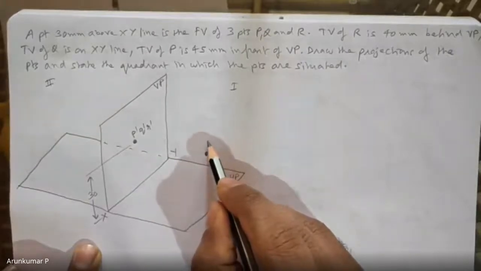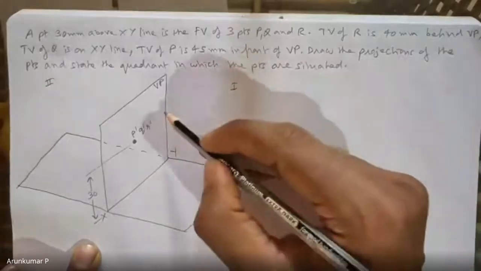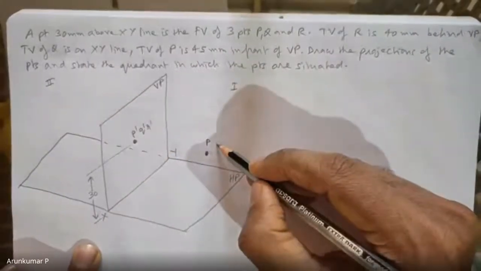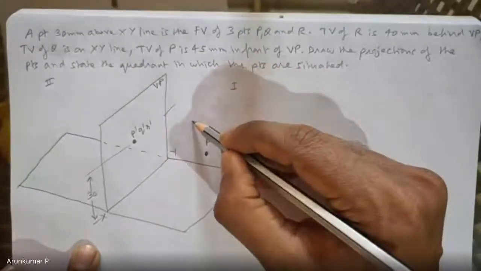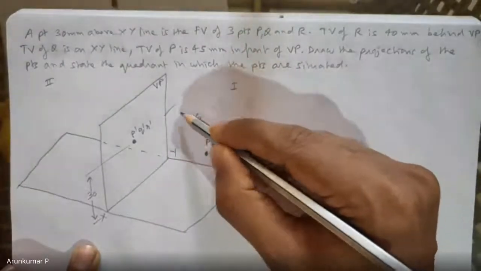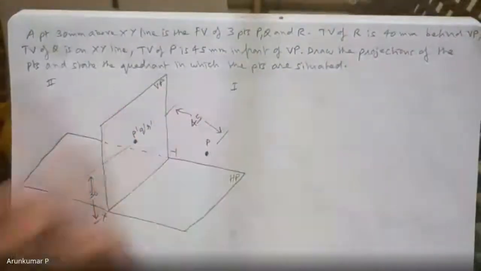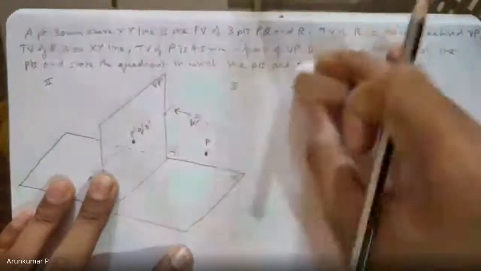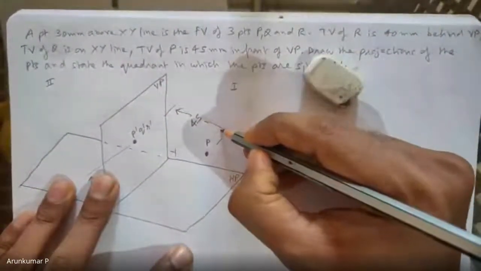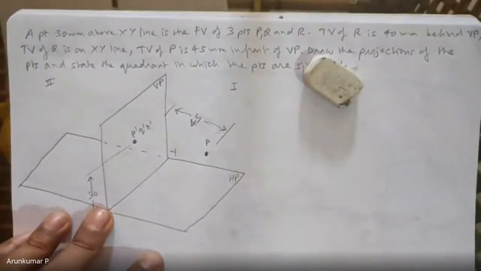The point P may be somewhere here, according to me. Now, please observe this distance is 45. The point is 45 mm in front of VP.